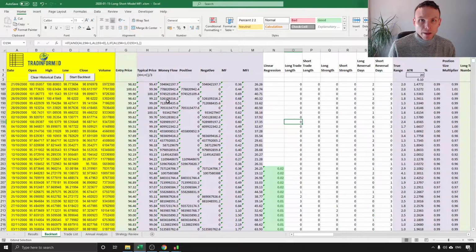We multiply that by volume to get the money flow, and then if you're used to the RSI calculation, this is very similar. If we have a positive close, in other words the close is higher than the previous, we record the value in this column. If we have a lower close, a negative close, the value is recorded in this column.